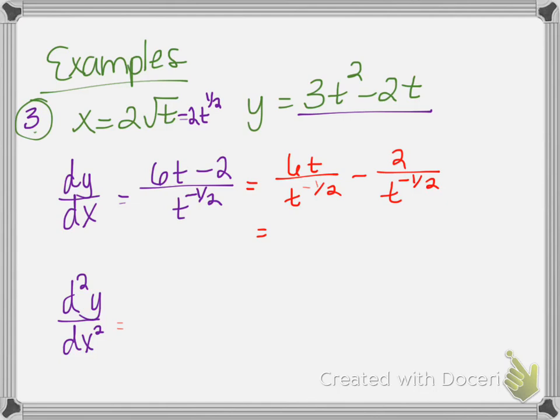And then just rewriting, subtracting exponents, 1 minus -1/2, that's 6t to the 3/2 minus 2t to the 1/2 because you can bring it up. And this should have been a 3 because you're doing 1 minus -1/2.